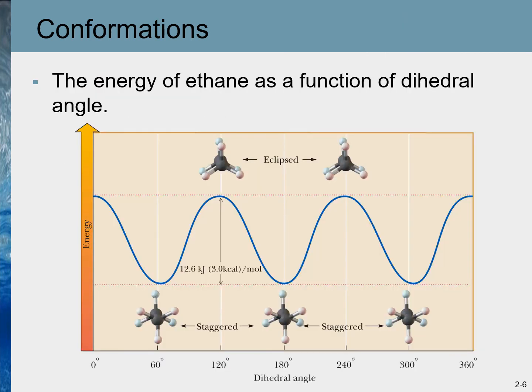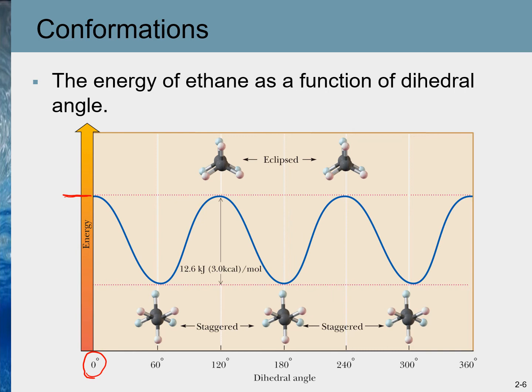The relationship between the dihedral angle and the energy of the ethane molecule is shown in this figure. So we learned in the previous slide that when the dihedral angle is 60 degrees, the ethane molecule is in the staggered conformation. And we also know that the eclipsed conformation is relatively high in energy.